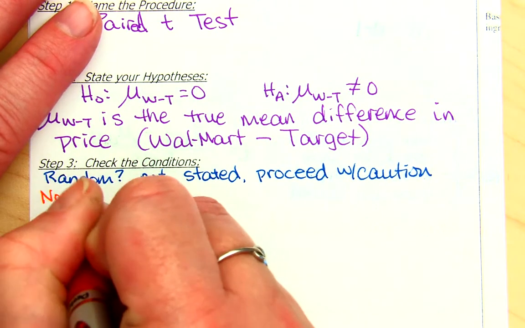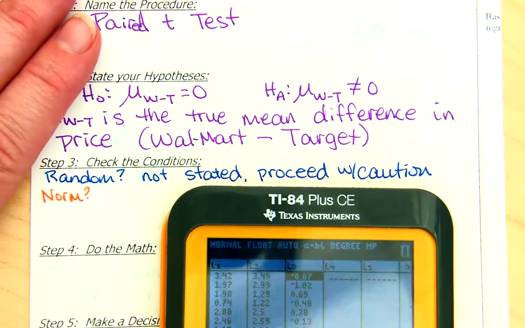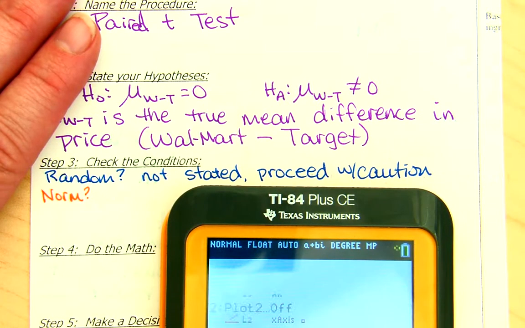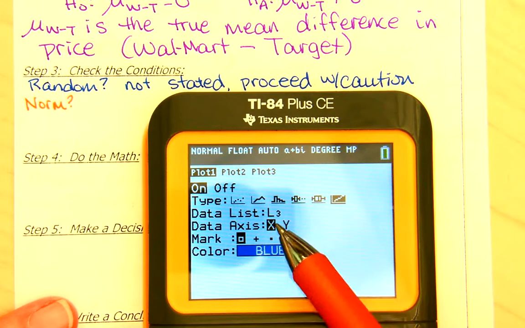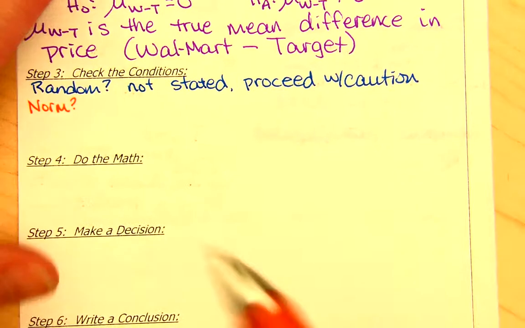Then we're going to check for normality, so we're going to graph the data. Your calculator should already be set up because you just did the L3 normality plot. You should just be able to do zoom 9, and it should come up to your new normality plot, which, again, is reasonably linear.